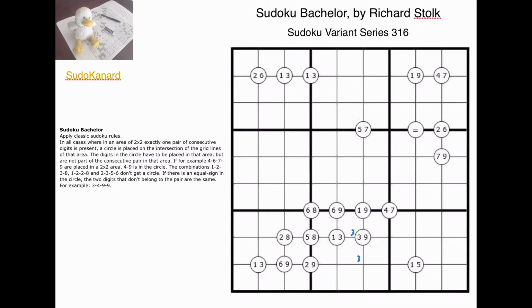So we have digits, and they must be consecutive, so they must be 1 and 2. And 1 will be in one of those. And we have 2, 4, 7 as candidates for those cells.